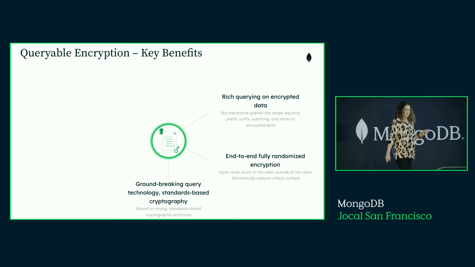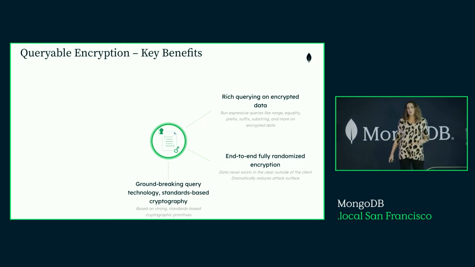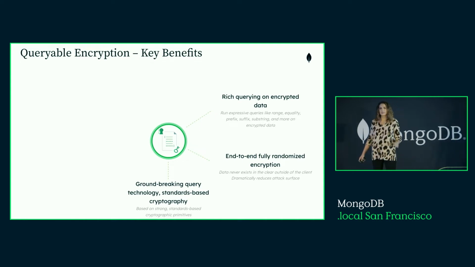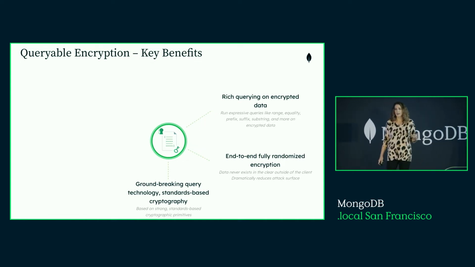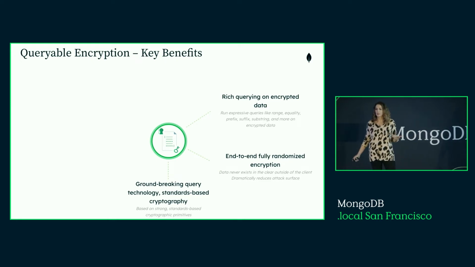Although this is groundbreaking query technology, we're using standards-based cryptography. This is all NIST standard cryptography, AES 256, HMAC, and SHA 256 as well. This is FIPS compliant. We didn't come up with our own encryption. This isn't a roll-your-own thing where we invented new primitives.